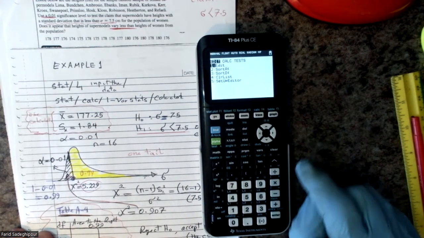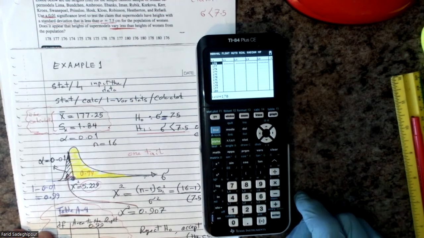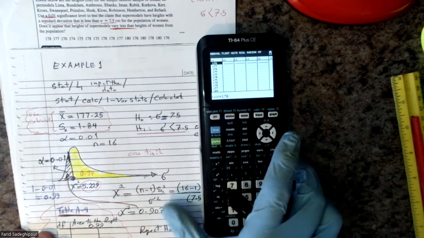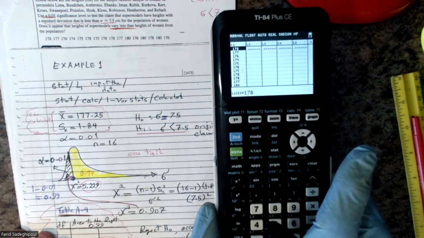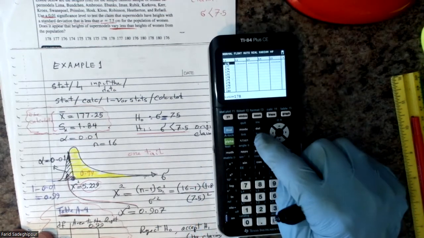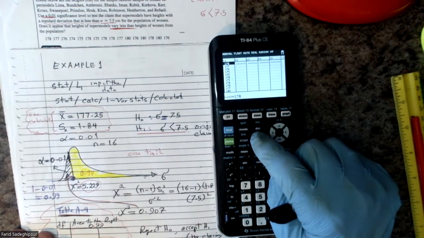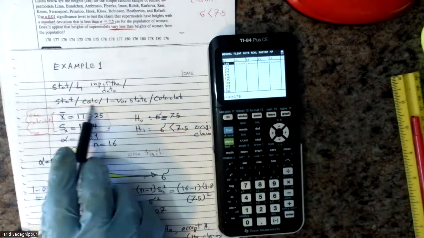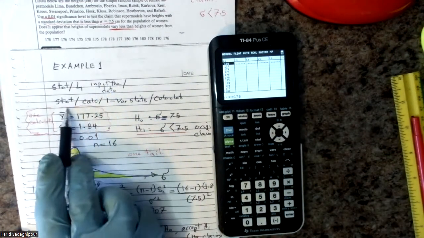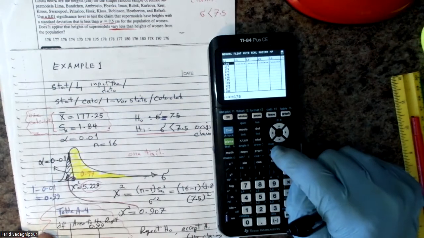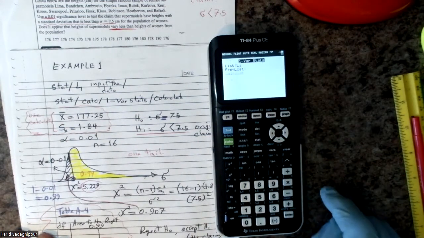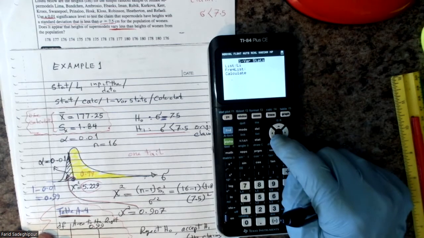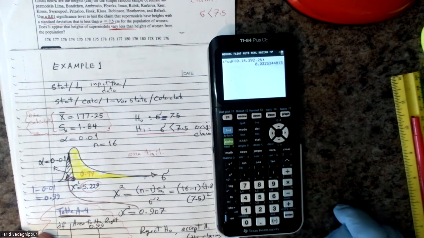Stat, edit. I already put these numbers on my calculator. So all I need to do is go to stat. After you put all the information in L1, go to stat, calculations. All the numbers are already in L1, so we just do the calculation.